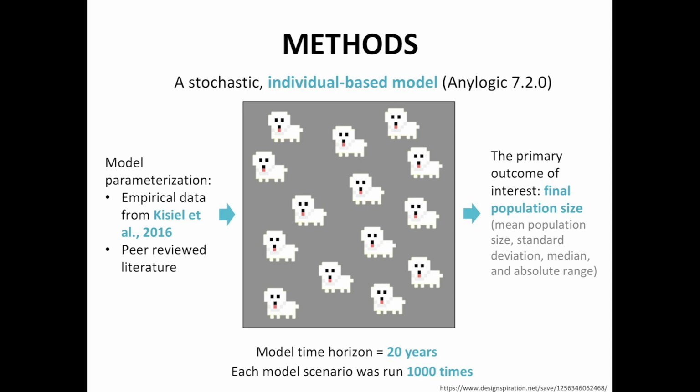The model was run for a period of 20 years, and each intervention scenario that we evaluated was run 1,000 times. The primary outcome of interest was the final population size after 20 years, estimated over the 1,000 simulations that were run for each scenario.